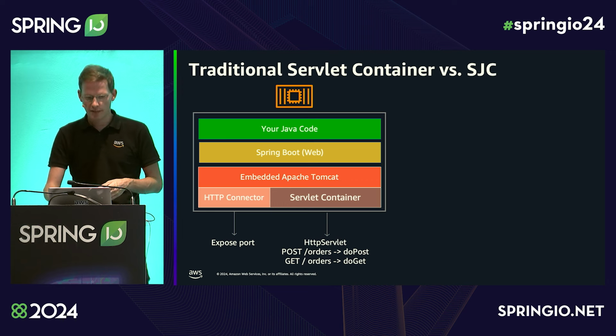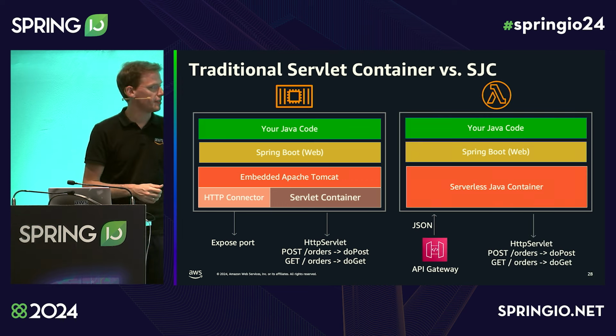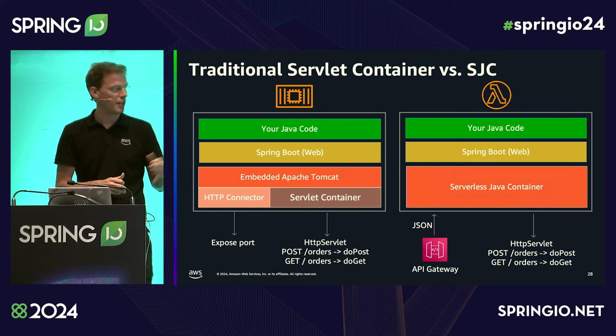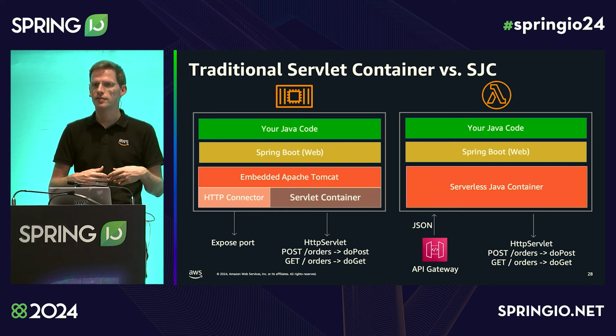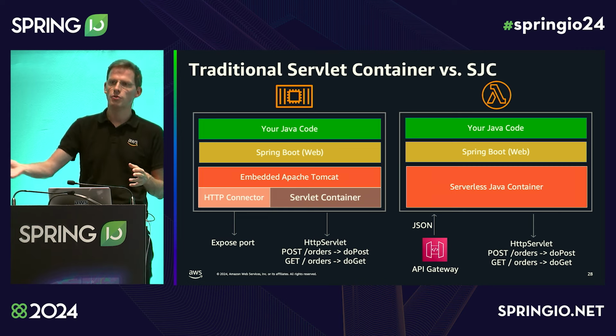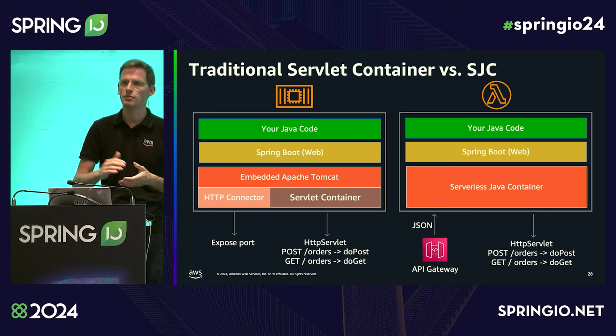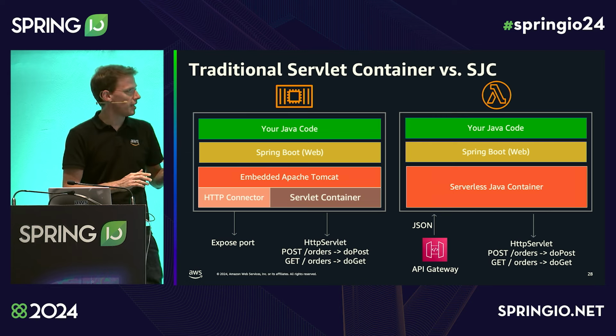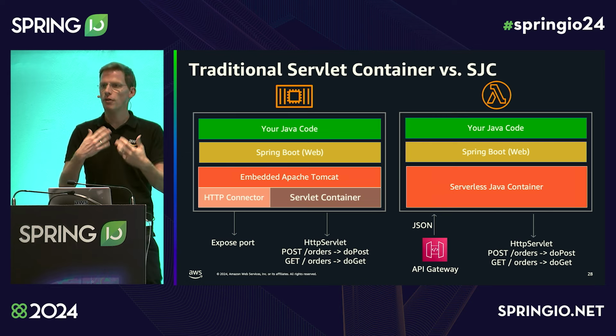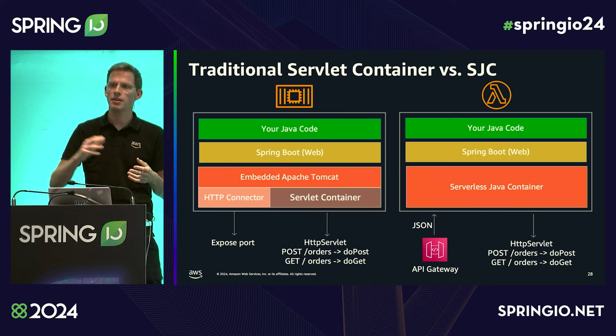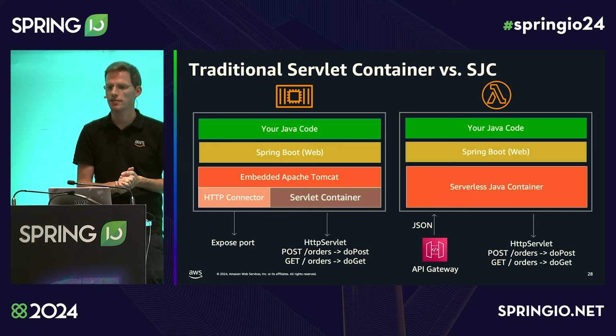On the right-hand side, you see the deployment with the adapter. So we have the API gateway, and the API gateway provides the entry point, the ingress to our outside world. But then inside my app, there's no port exposed, but I directly receive a JSON structure, right?